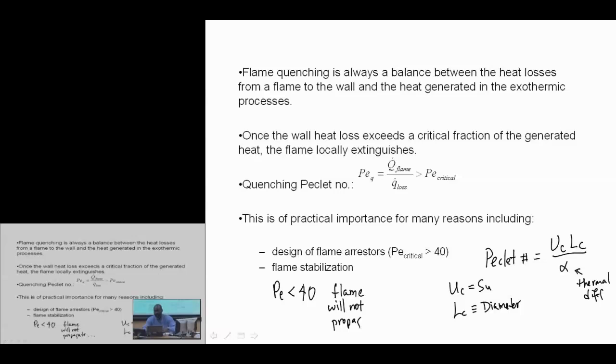So my favorite example, methane, right? 0.5 meters per second. So let's ask under what condition is this thing 40? 20 times 10 to the minus 6 meters squared per second times my L characteristic, my diameter. Let's say under what conditions is this thing 40?